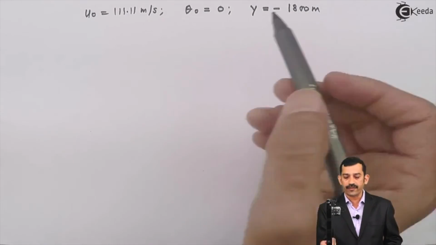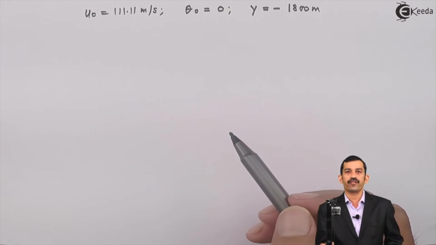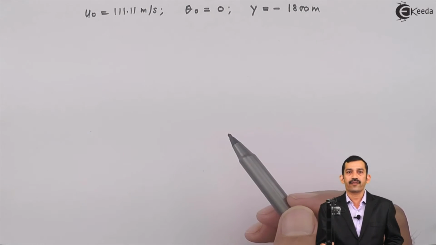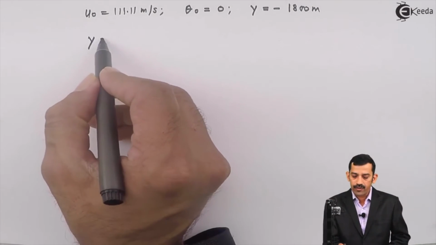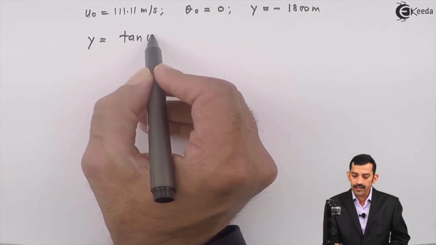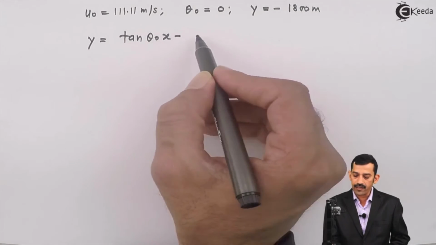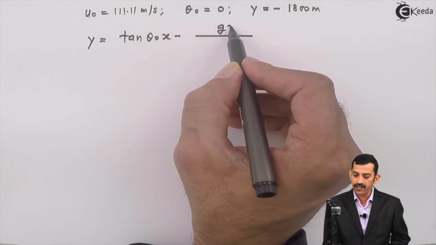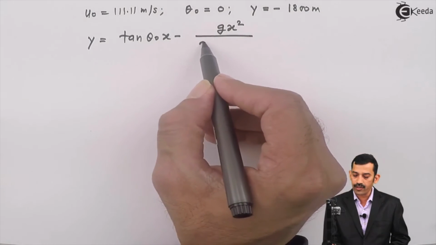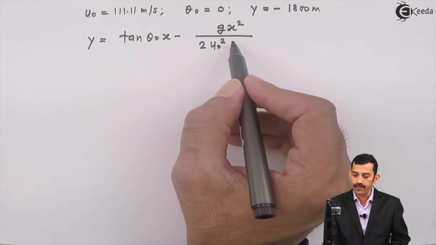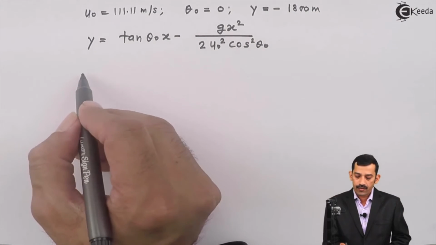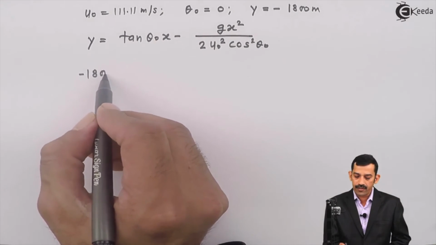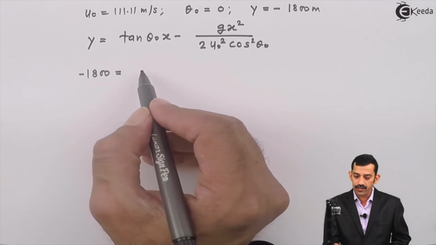To find X, we'll use the equation of path, which is in terms of X, Y, U0 and theta 0. Y equals tan theta 0 times x minus, in the numerator g x square, divided by 2 u0 square cos square theta 0. Y is minus 1800. Theta 0 is 0.